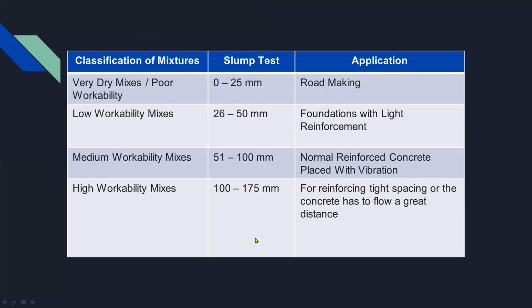Medium workability mixes ranging from 51 to 100 millimeters. Ito naman yung tinatawag nating normal concrete or normal reinforced concrete placed with vibration. Diyan pwede yan, yung application niya. For the high workability mixes, 100 to 175 millimeters, its application is for reinforcing tight spacing or the concrete has to flow a great distance.